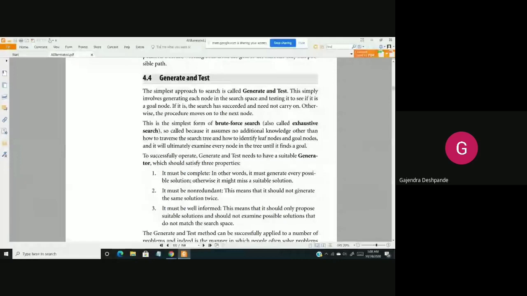Even the best example is your linear search, right? You have a list of numbers and you have a key element. You are going to check whether the key element matches any element in the sequence one by one, and you carry out this process until the match is found.